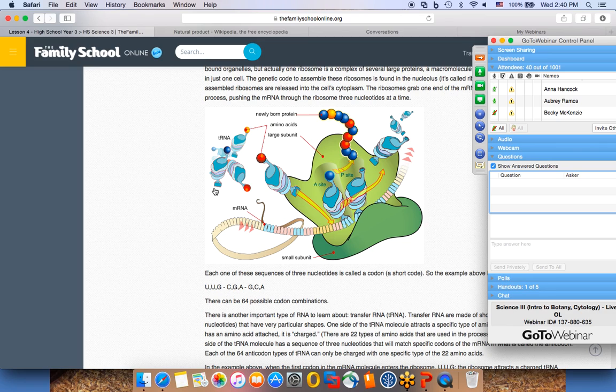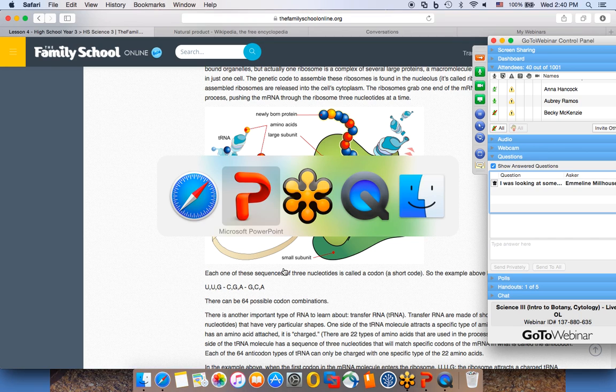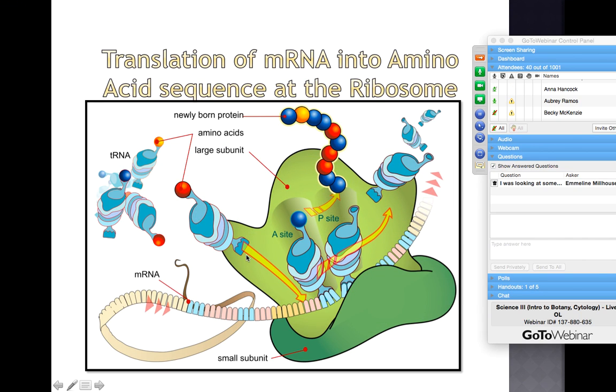Yes, they help decode it. So on one side of the molecule, let me go to the presentation and we can probably see this better. On one side of the molecule, they have also the 3 nucleotides that would match one of the letters that comes in the messenger RNA. So, depending on what the combination is here, only one of these transfer RNAs would match that combination.